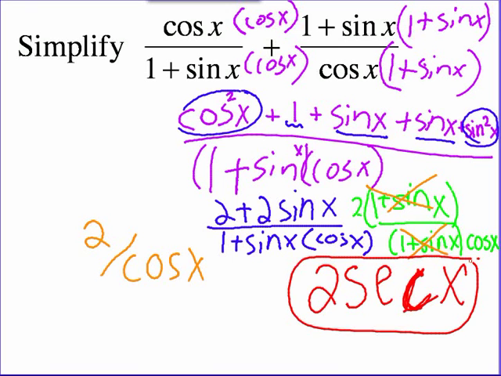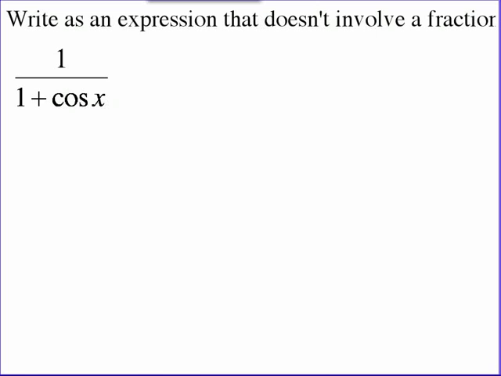Now tomorrow, we're going to continue on and look at this: write as an expression that doesn't involve a fraction. Be ready because I'm probably going to have you participate again and come to the board and solve those as well. So anyway, add 32 and 34, that is on page 317 for tomorrow.